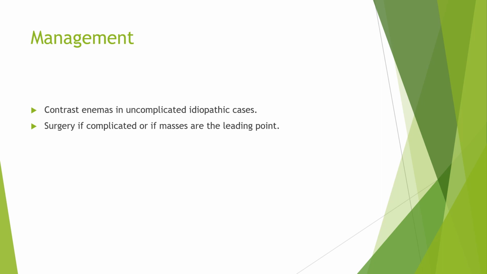When this enema is pushed through the rectum, there will be reduction of the intussusception. But in complicated cases where infarction of the bowel segment has occurred, we need surgical intervention. So surgery is needed if it is complicated, like with superadded infarction, or if there is a mass as the leading point, as in adults or older children.